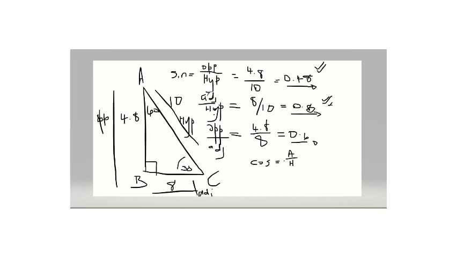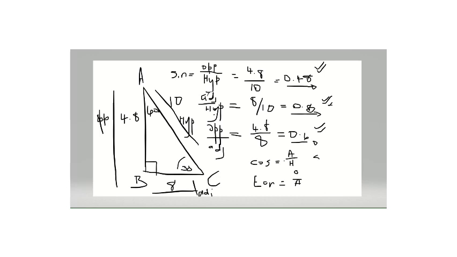What about tan? Oh yes, tan is 0.6. Yeah, it's 0.6, right? Here we have 0.6. So we now know that tan is always equal to opposite over adjacent.